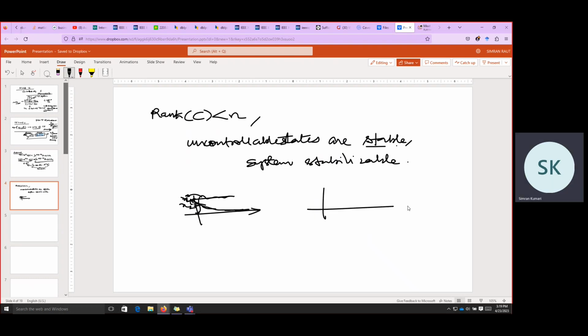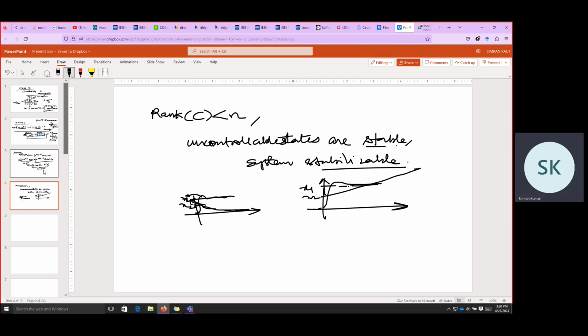But if it is not stable, we are trying to track x1 and we control it, this is how it will evolve given the input. But x2 will not be like this. x2 may go to a very high value, may become unbounded, so that the system becomes unstable. So that is not stabilizable.